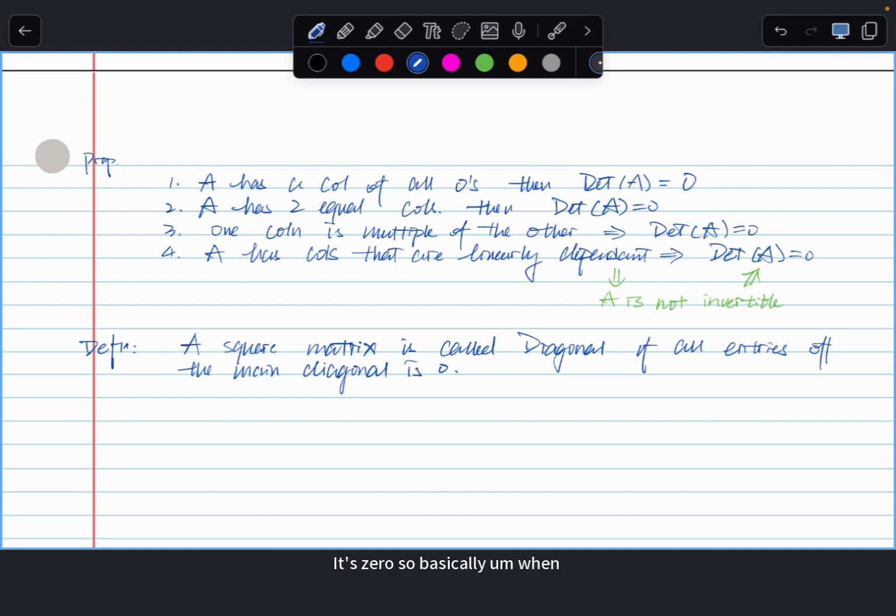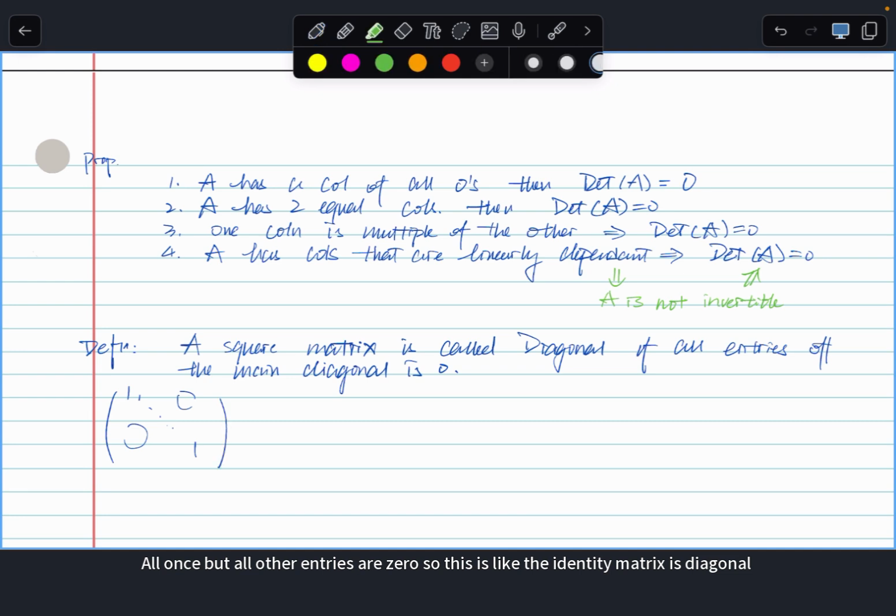So basically, the identity matrix has a diagonal of all ones, but all other entries are 0. So the identity matrix is diagonal.